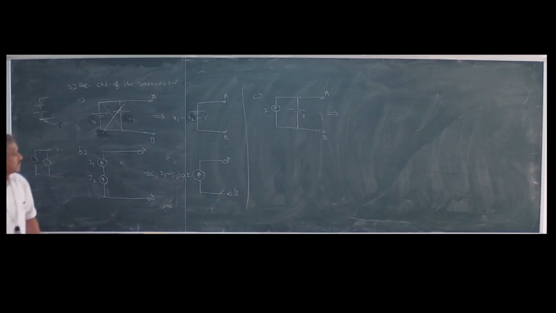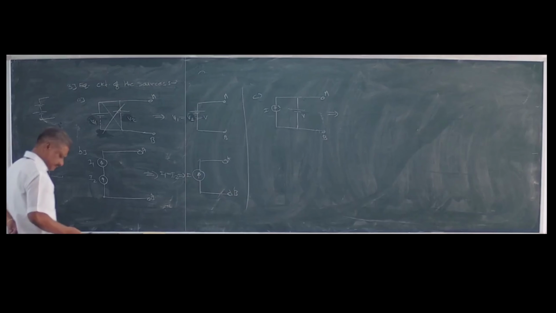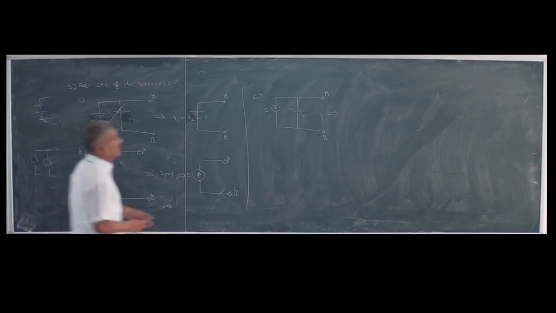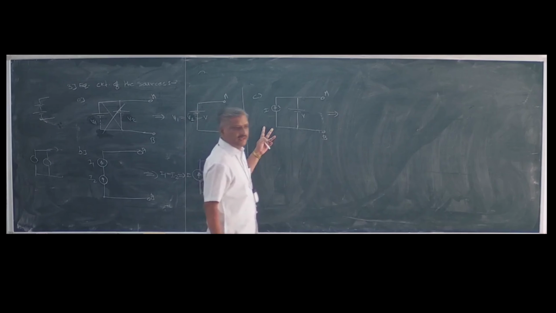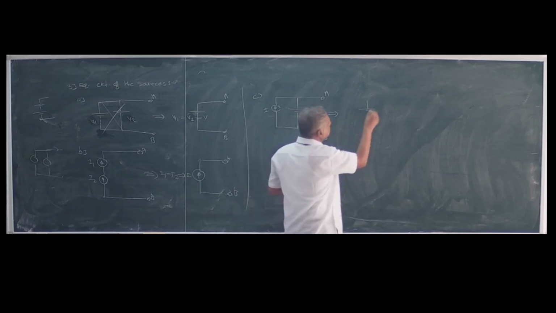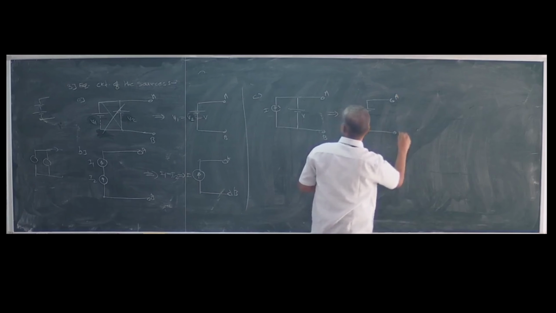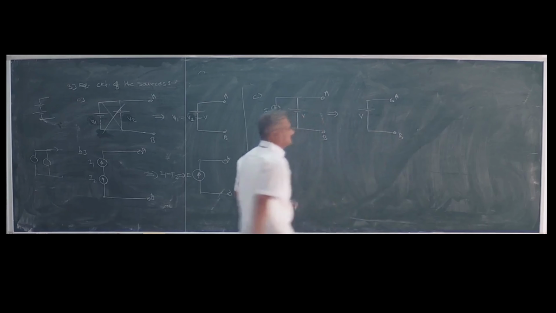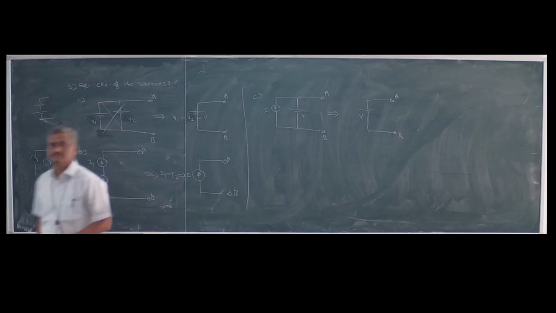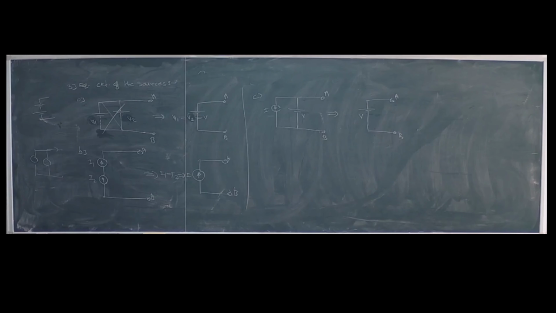One is the current source, the other is the voltage source, connected in parallel. What will be the equivalent of these two? Any guesses? Its equivalent circuit will be something like this. This is A, this is B, and here is V. Why? I will discuss.